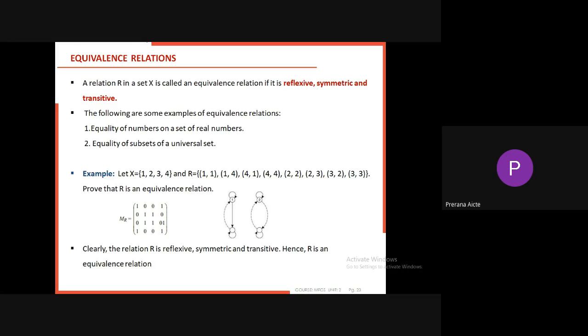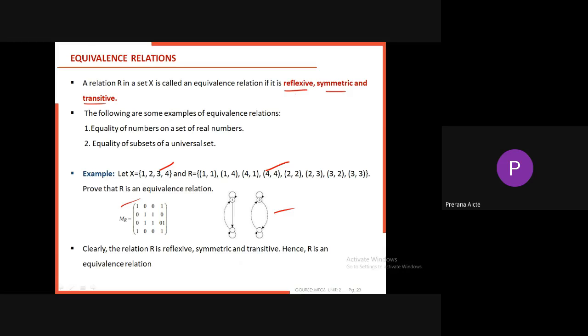Let us see here the equivalence relation. Given any relation, if it is following the reflexive, symmetric and transitive properties, then I can say that it is an equivalence relation. Let us see this example here: x equal to 1 2 3 4, and the relation is given like this. We can construct either a matrix or a graph for the given relation, and check whether these three properties are followed or not.